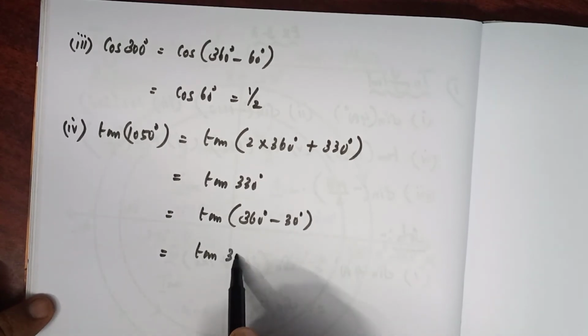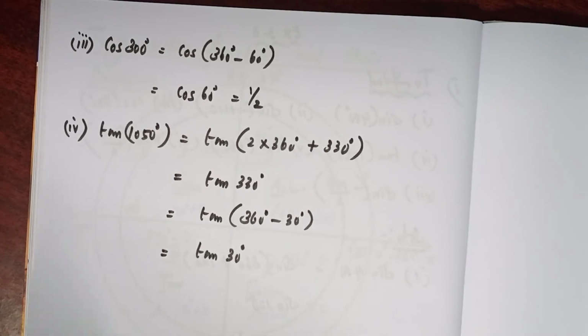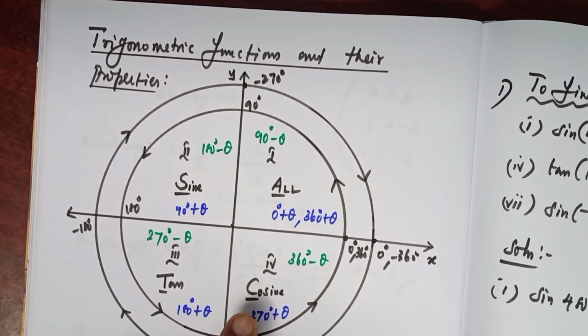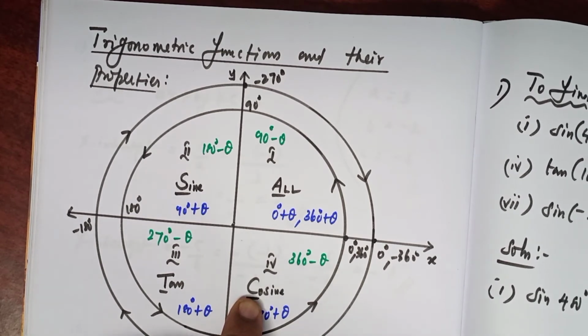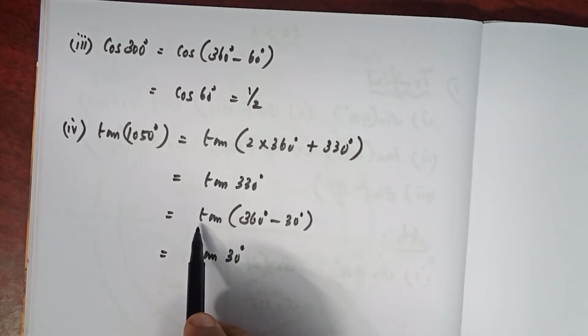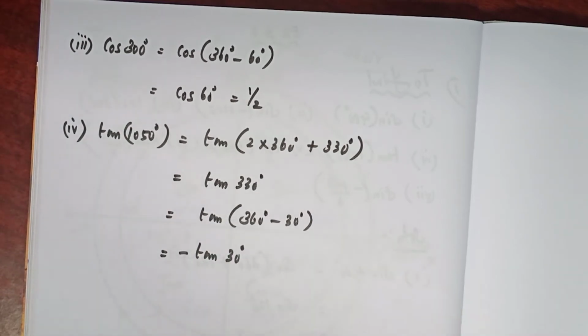What's the angle here? 30 degrees. 360 minus lies in which quadrant? The fourth quadrant, where cos and its reciprocal secant are positive. What is outside the bracket? Tan. Therefore, it is negative. That is equal to minus tan 30, whose value you know very well, that is 1 divided by root 3.